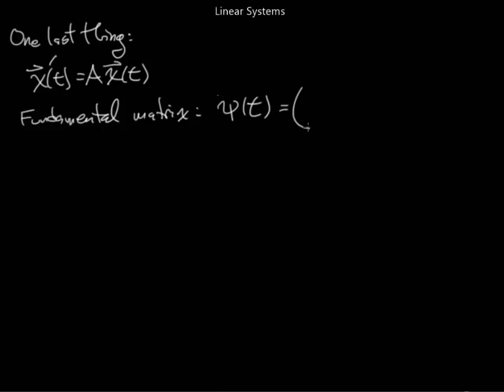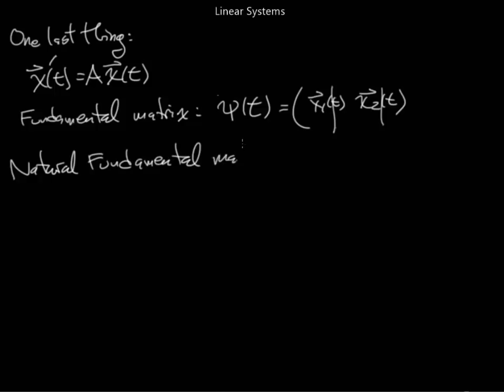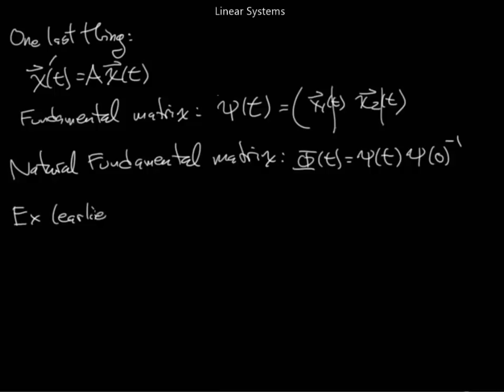Everything that I just said works, and you get this fundamental solution, which we were calling psi, where you take x1 and x2 and make them the columns. And this is called the fundamental matrix. And then remember, there's also something called the natural fundamental matrix, where you modify this by multiplying on the right by the inverse. So let's do this in one of our examples from earlier.